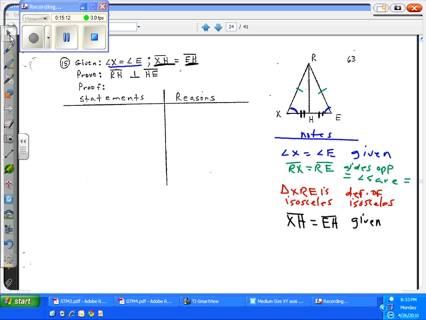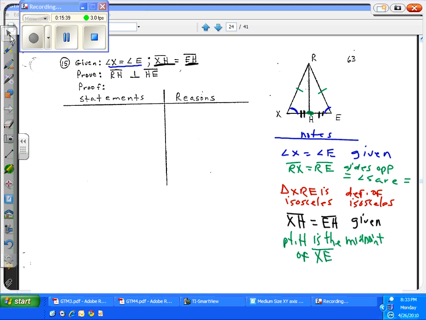Now, if those are equal, then that tells me something also. It tells me something about point H. It tells me that point H is the midpoint of segment XE.